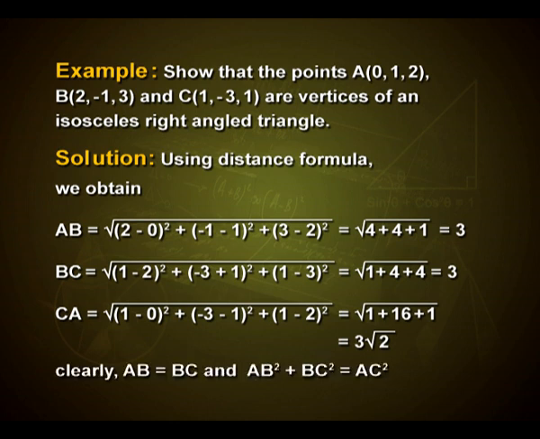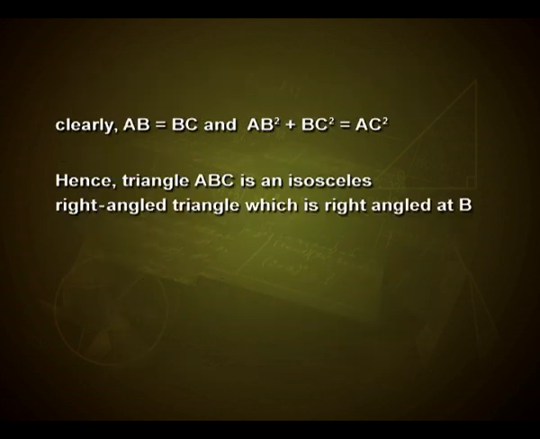Clearly, AB is equal to BC. What does it imply? It is an isosceles triangle. We also can verify here that AB² + BC² = AC². Hence, our triangle ABC is an isosceles right angle triangle which is right angled at B.